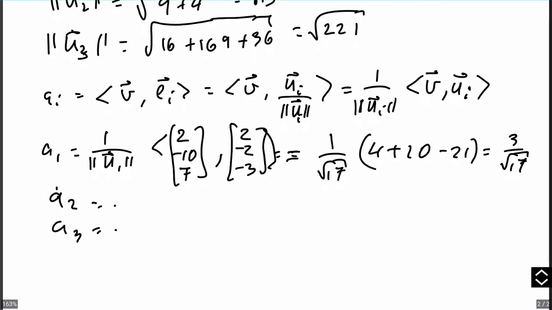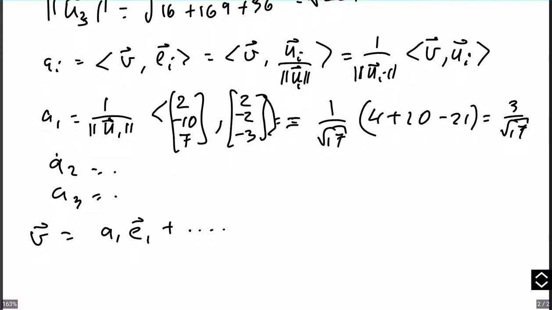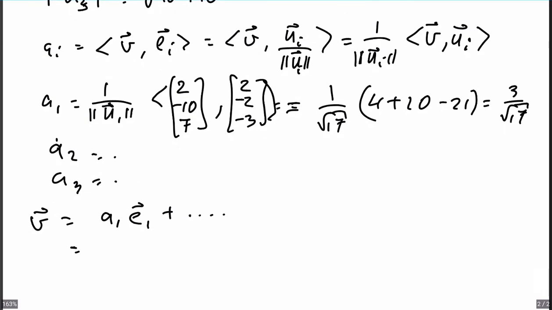And then when we want to write v as a scalar combination of u1, u2, and u3, what we have is a1 e1, using the orthonormal vectors. In this case, that is 3 over the square root of 17, and e1 is u1 divided by the square root of 17, because we normalized it.